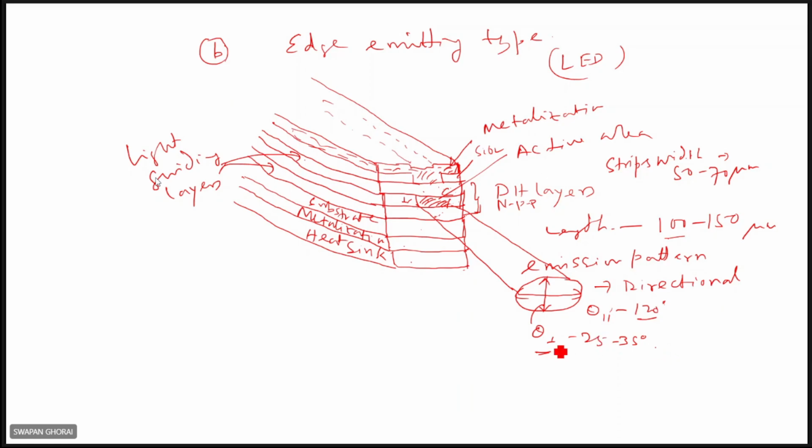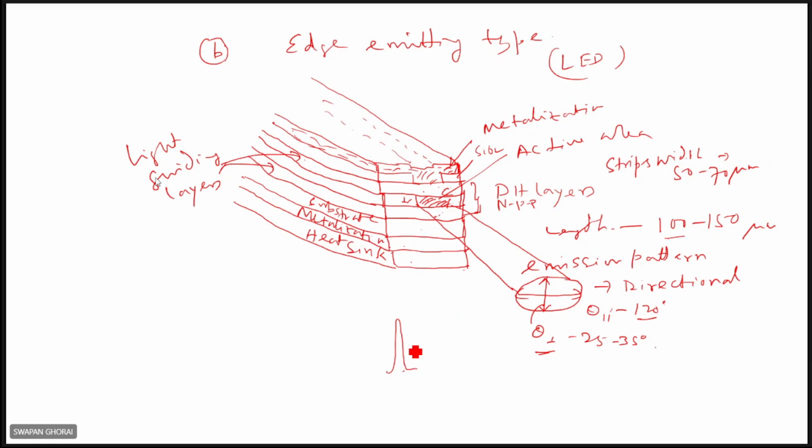That's why the emission pattern is more directional. It is very similar to the laser diode. For the laser diode you will see the emission pattern is something like this, very narrow. So here also the beam emission pattern is very narrow, similar to the laser diode.